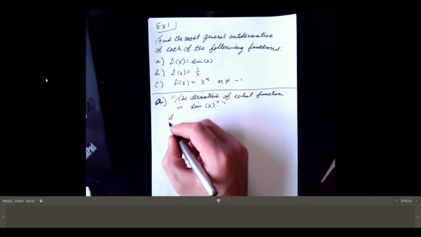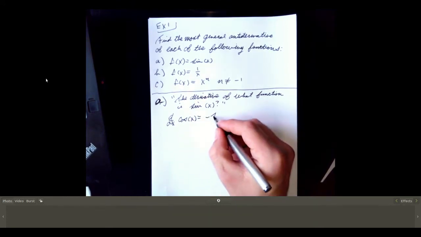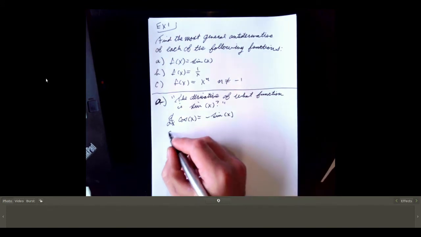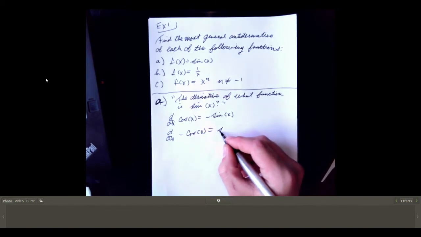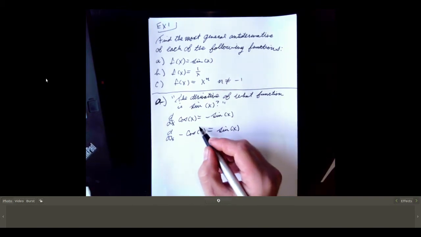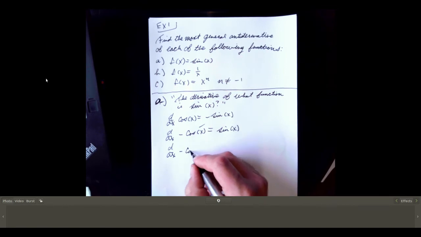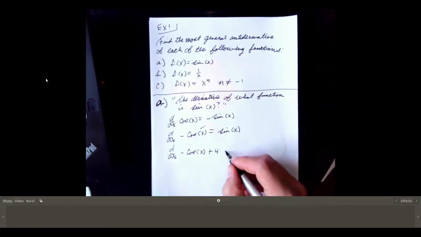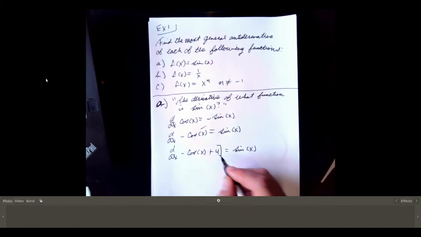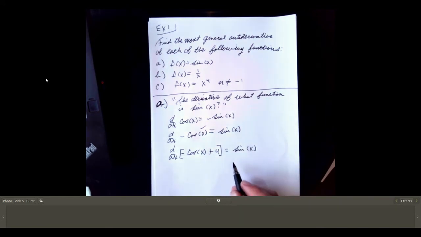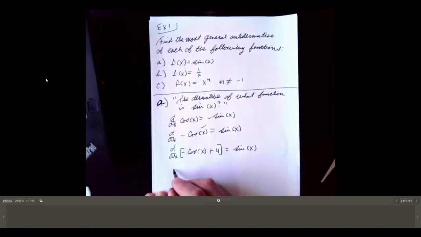I know that the derivative with regards to x of cosine is equal to a negative sine of x. That means that the derivative with regards to x of a negative cosine of x is equal to a sine of x. Cool. But the derivative with regards to x of negative cosine of x plus 4 is also equal to a sine of x. And the derivative of negative cosine of x, and I should put brackets here, minus 11 is equal to the sine of x.